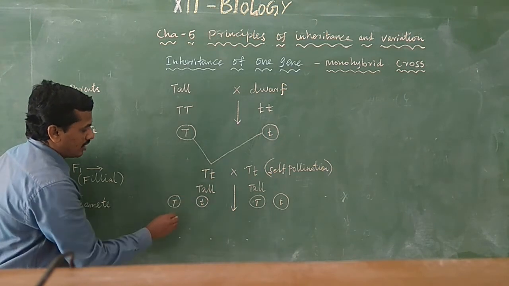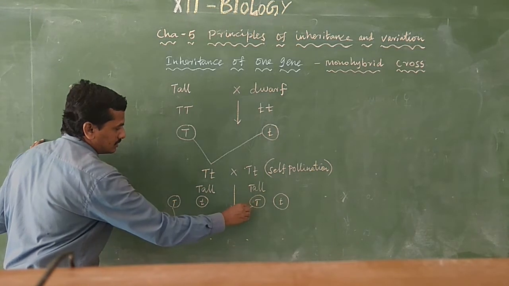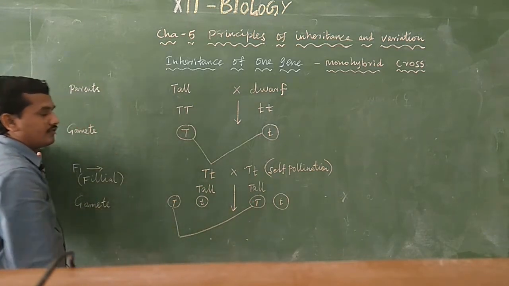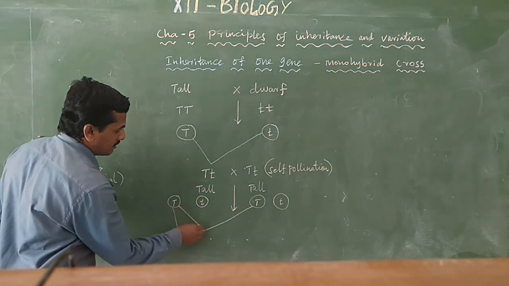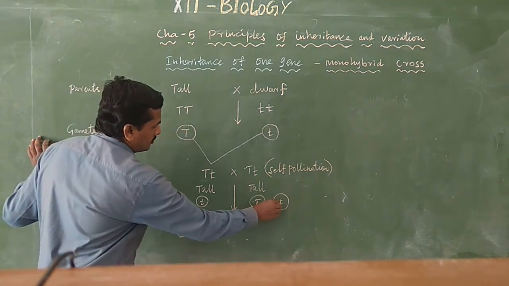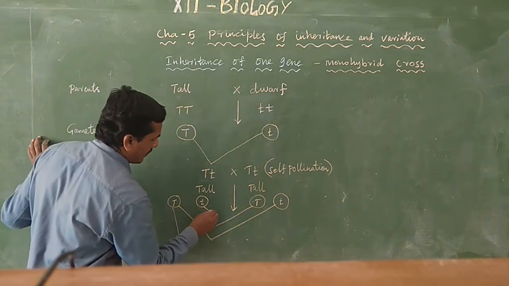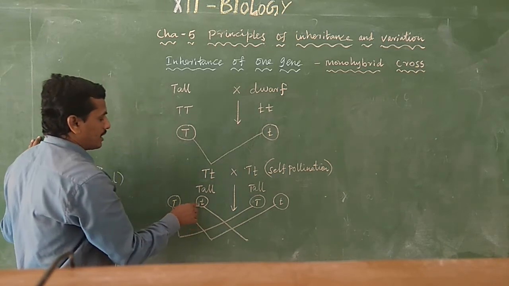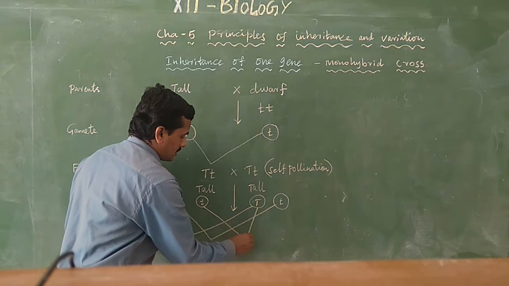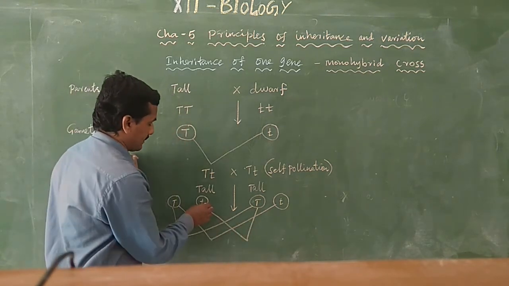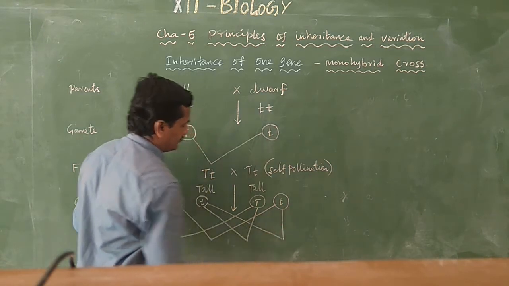The tall plant male gamete fuses with another tall plant female gamete. Then the tall plant male gamete fuses with the dwarf plant female gamete. Then small t gamete fuses with capital T gamete, and small t gamete with small t gamete.